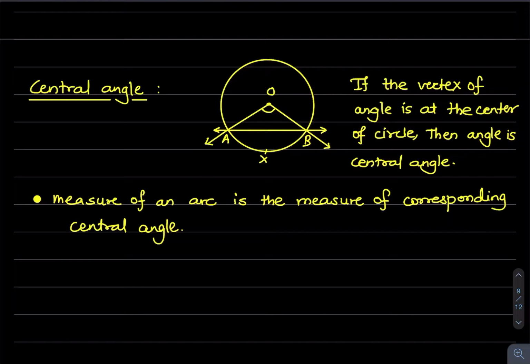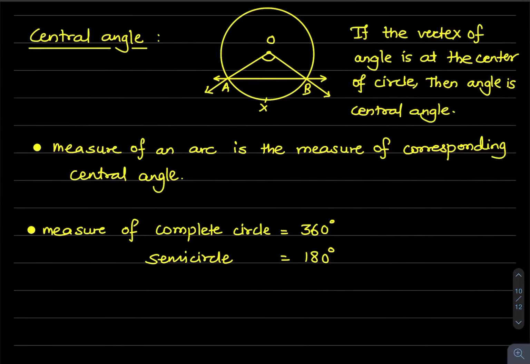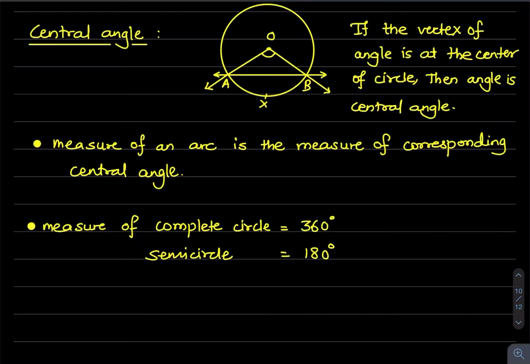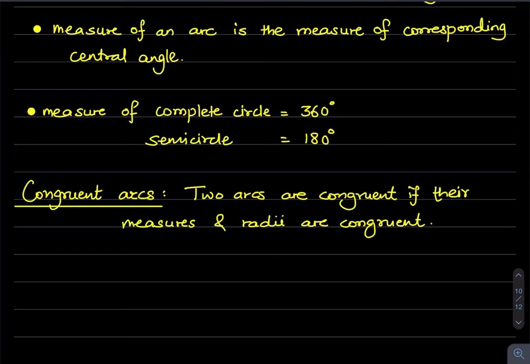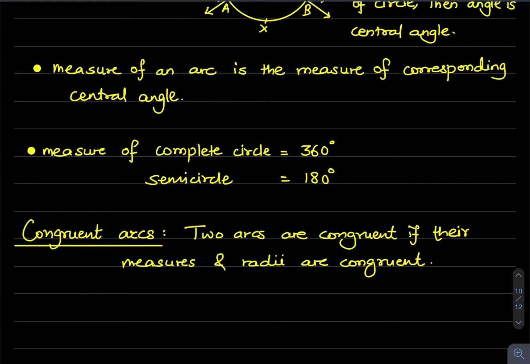Then the next concept: the measure of a complete circle, as we have just seen, is 360 degrees, and the measure of a semicircle will be half of that, which is 180 degrees. Now we are going towards congruent arcs. Which arcs can you say are congruent?